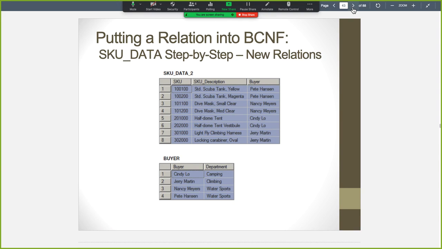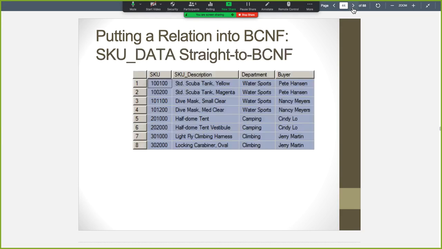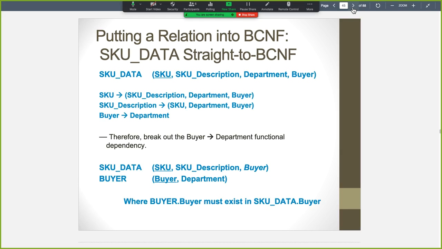Usually people learning normalization will go through the so-called step-by-step process. But more likely in practice, we go straight to BCNF by looking at a table, identifying the primary key, and putting them into multiple tables and linking them together with the so-called foreign keys.